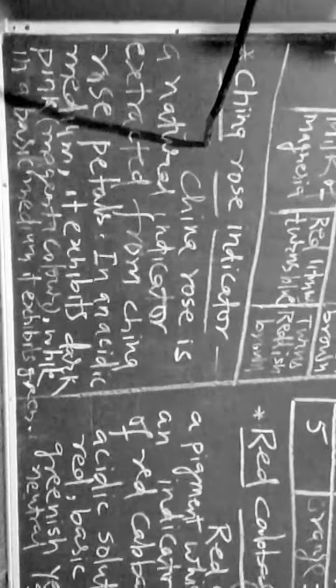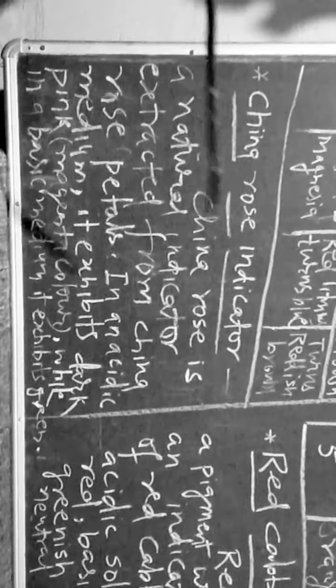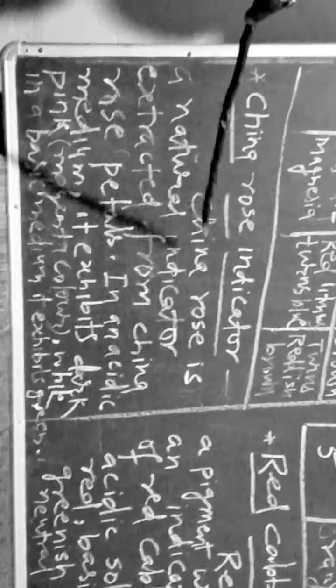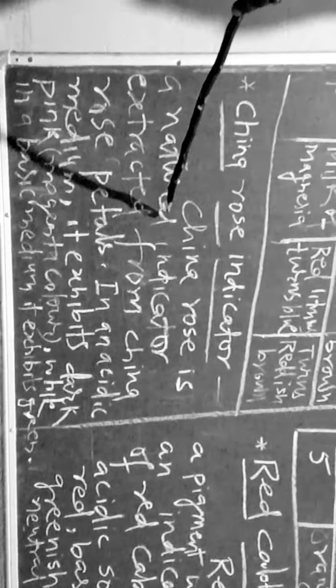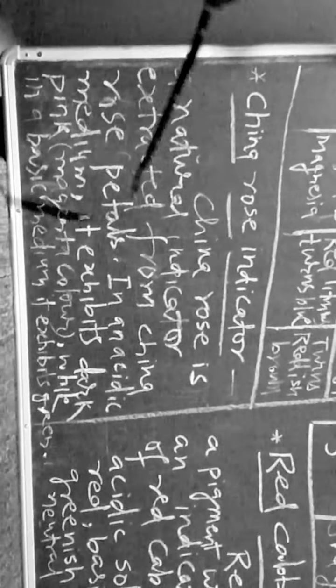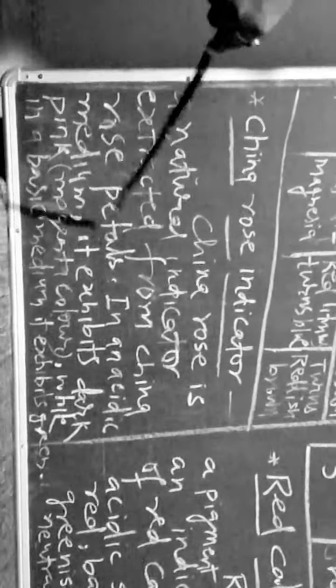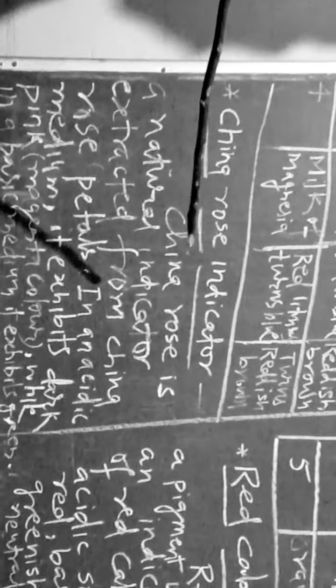Now we come to the next indicator, the China rose indicator. China rose is also a natural indicator, obtained from nature. It is extracted from China rose petals. Have you seen it?